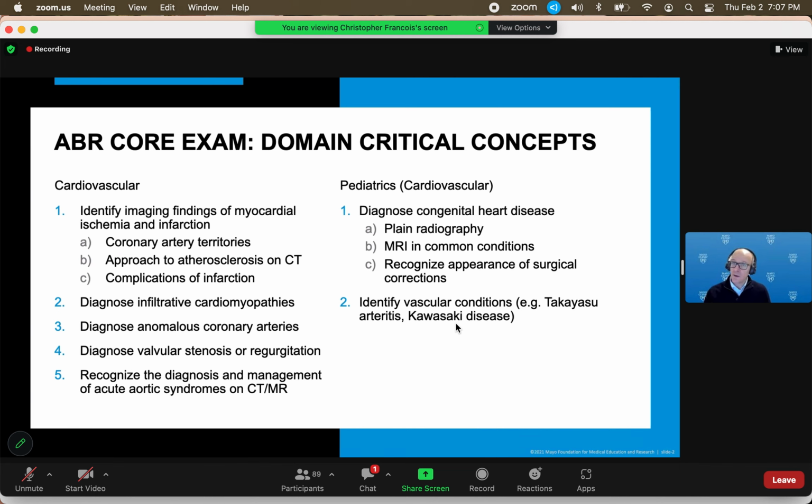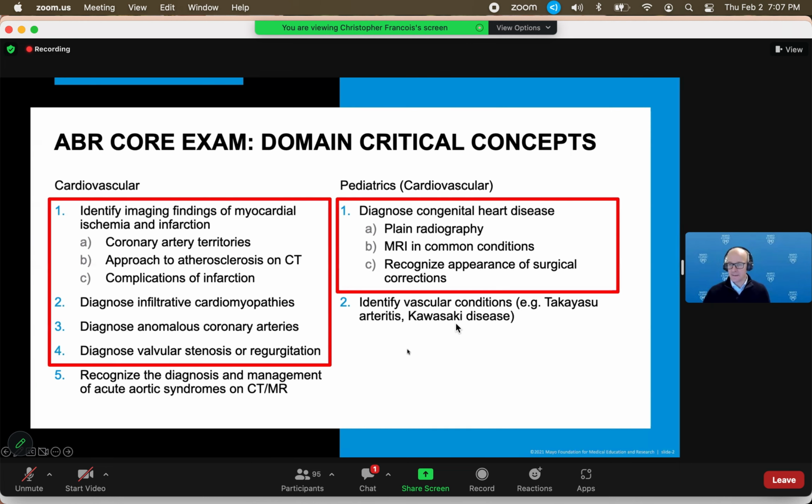Now, the other area where cardiovascular imaging will come up is in pediatrics. And if you look at the pediatrics critical concepts, they include the diagnosis of congenital heart disease, as well as the identification of some of the more common vascular conditions that we see in pediatric patients, specifically Takayasu's arteritis and Kawasaki's disease.